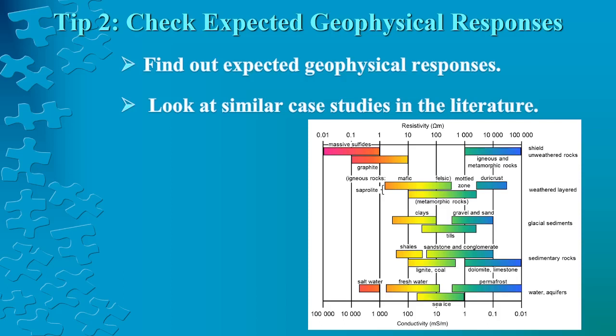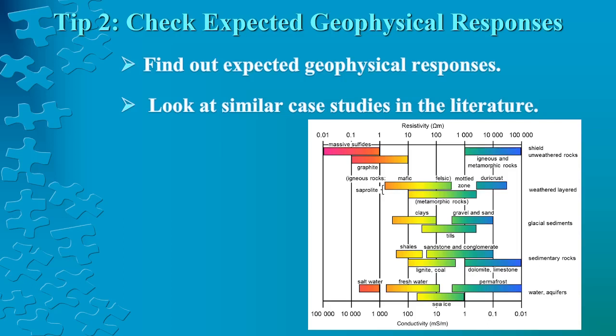And then you will see something like the figure I presented here. For example, you will know that igneous rocks are more resistive than clays and tills or mafic rocks. Or you will know that gravel is more resistive than tills and more resistive than clays.